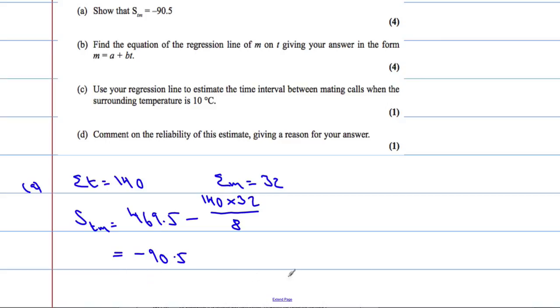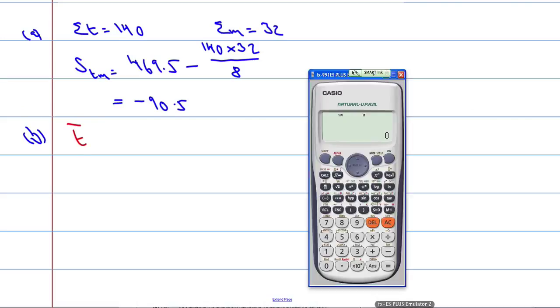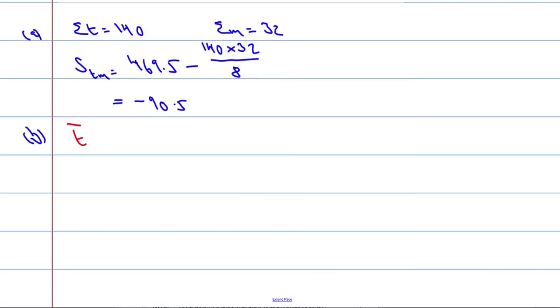Well, we're going to need t bar and m bar. So, first of all, let's see if we can get these from the calculator. T bar is going to be the same as our x bar. So if I go shift stat, we're going to look for option 4, and we want x bar, which is our t bar, 17.5.